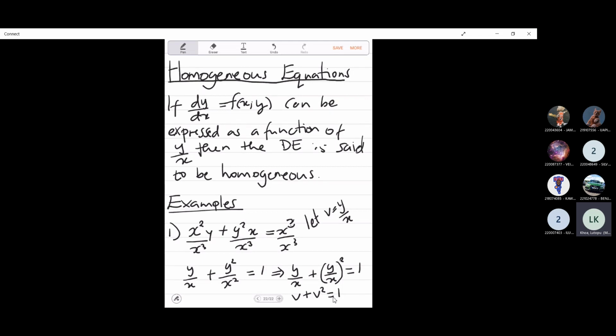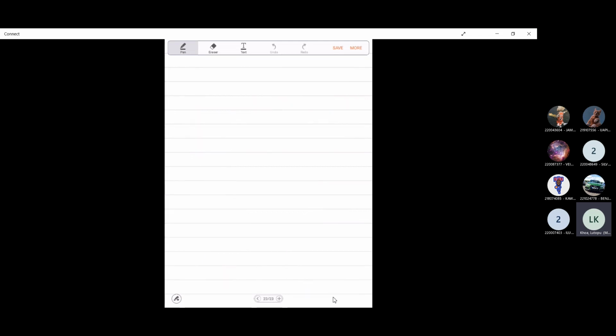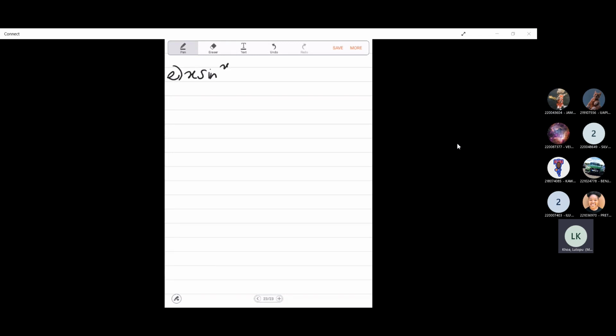So another one is like this. We have x sine (x over y) plus y cos (y over x), and this is equal to y.